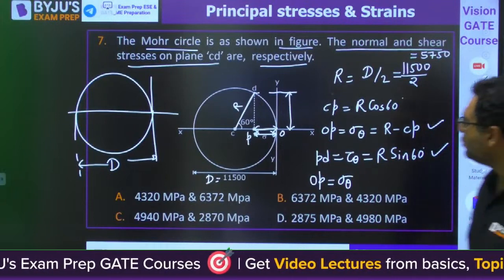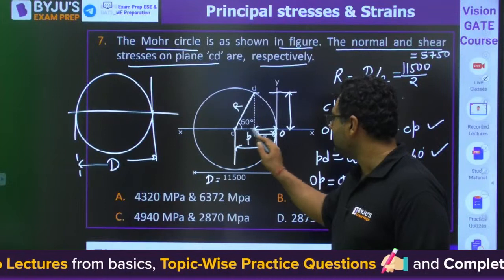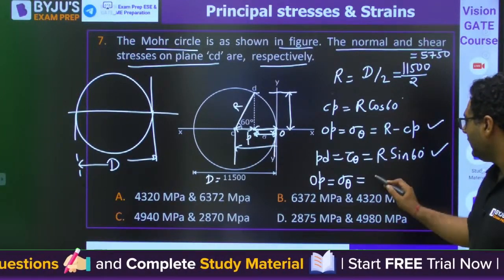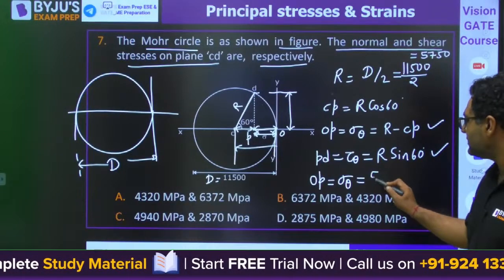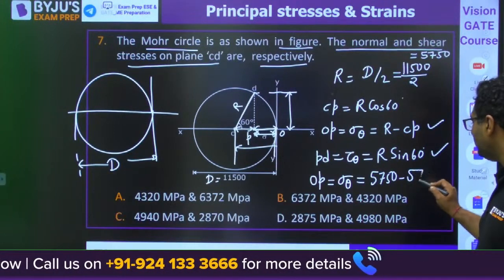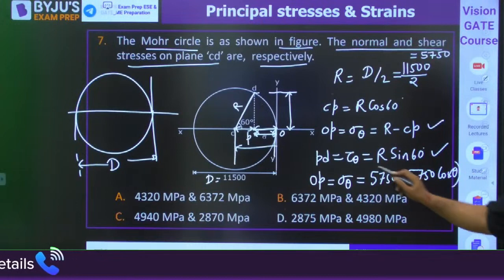To find this, you need to reduce this distance from the radius. So it is nothing but radius 5750 minus 5750 cos theta. And whatever comes, it will be negative.